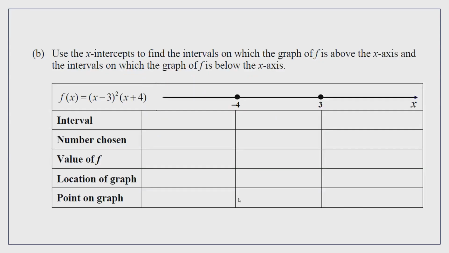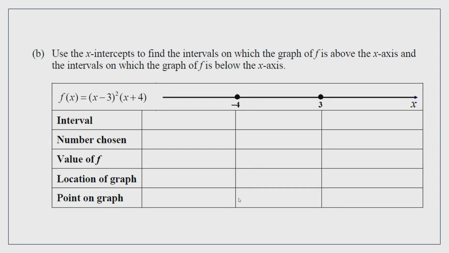Now we're going to use the x-intercepts to find the intervals on which the graph of f is above the x-axis and the intervals on which the graph of f is below the x-axis. So we have our function f of x and we have our x-axis.